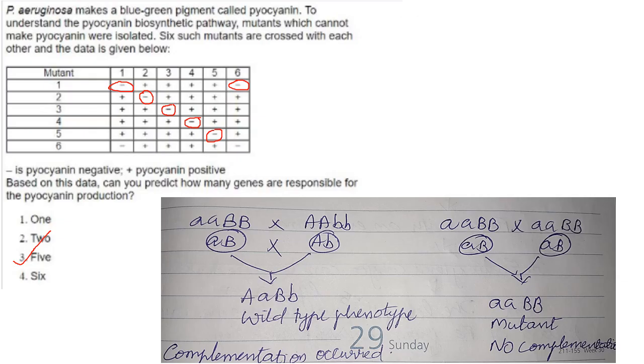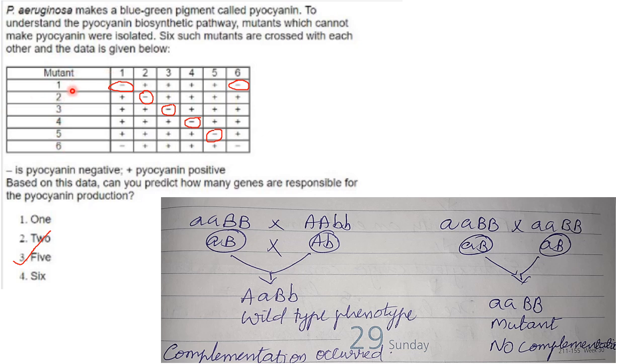Then next one. Pseudomonas aeruginosa makes blue-green pigment called phycocyanin. To understand the phycocyanin biosynthetic pathway, mutants which cannot make phycocyanin were isolated. 6 such mutants were crossed with each other and the data is shown below. So these are the mutants 1 to 6 and these are 1 to 6 of the mutants.